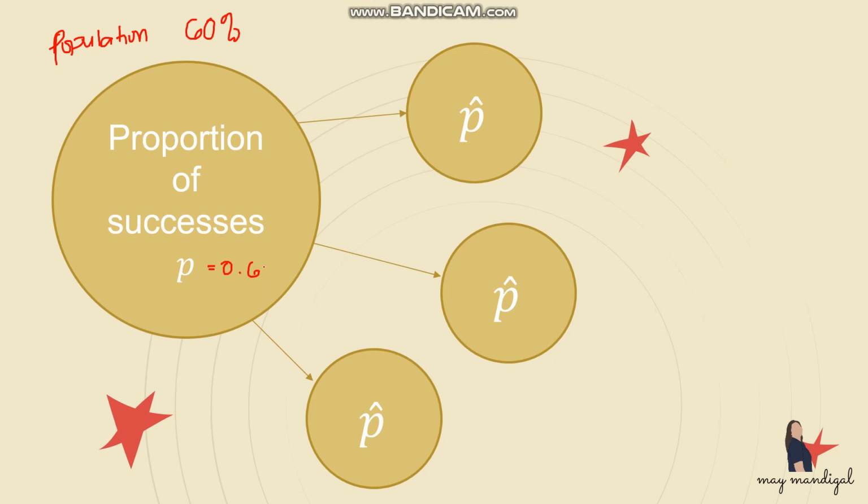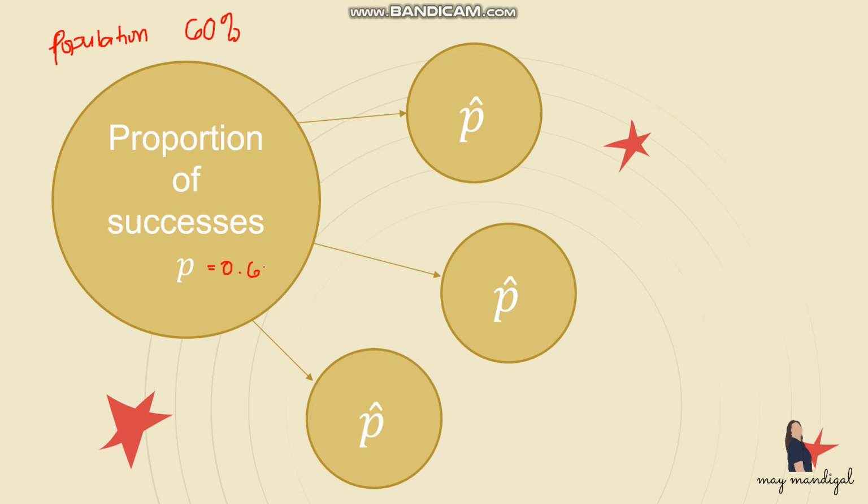So again, you have a population, and within that population, we can identify the proportion of successes P. So for example, 60% of this population prefer brand X or agree that brand X is better than brand Y.